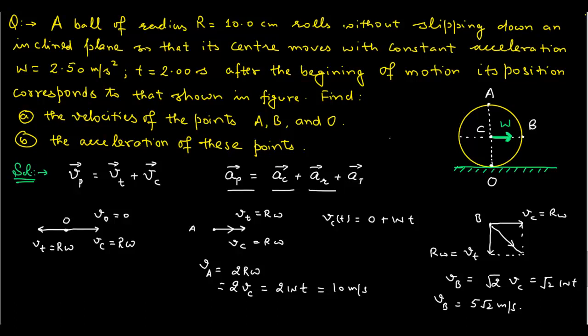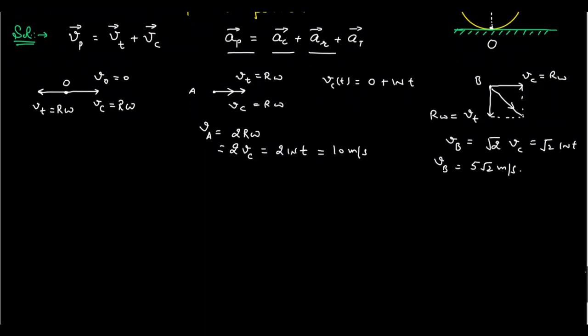Now as the system is accelerating with an acceleration w, that is 2.50 meter per second square, the velocity of center of mass is not constant, meaning at different times it is different. So from here we can write the velocity of center of mass at any instant as r omega.